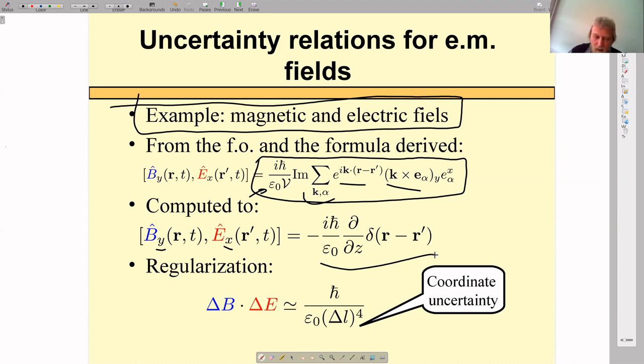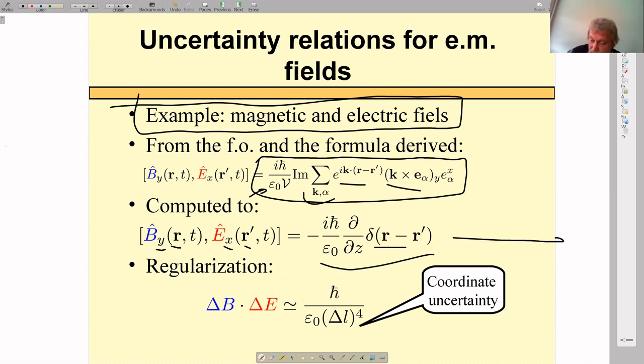It means if the points here and here are different, the uncertainty is zero. They would commute perfectly. But if they're at the same point, the uncertainty would blow up, but it doesn't blow up as a delta function. It blows up as a derivative of the delta function.